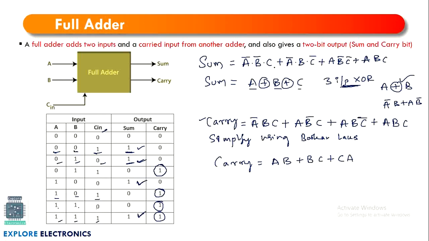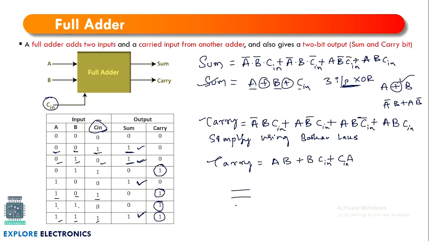If you are taking C in here, wherever C is there, we can replace that by C in. No issues. Similarly here also we are going to get C in. Wherever C is there, I just replace that by C in, since we have represented in the truth table it has C in and also in the block diagram it is C in. Okay.